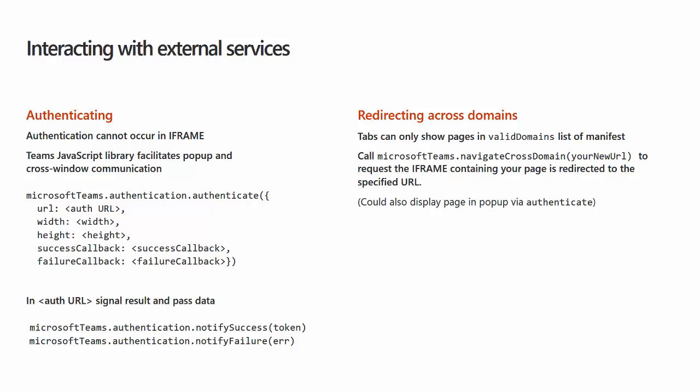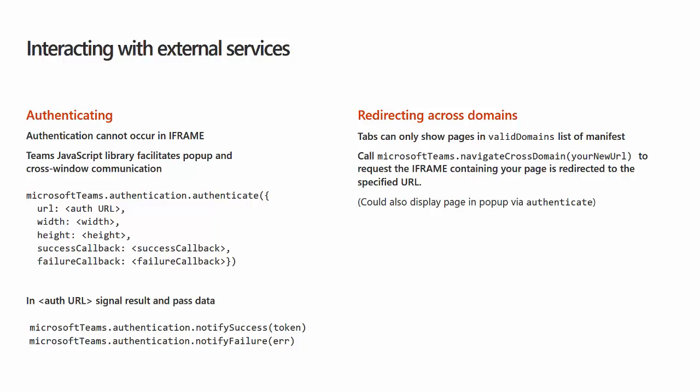The authentication cannot happen inside of an iframe. That's just a security prevention in browsers. We want to make sure that users can see and interact with the authentication mechanisms instead of it happening silently in an iframe. So the Microsoft Teams JavaScript library gives us the ability to launch a pop-up and pass the data from the pop-up back to the Teams application and back to your tab inside the iframe.